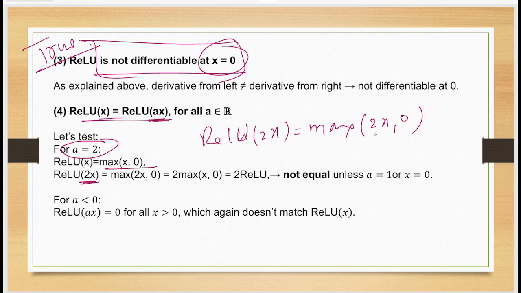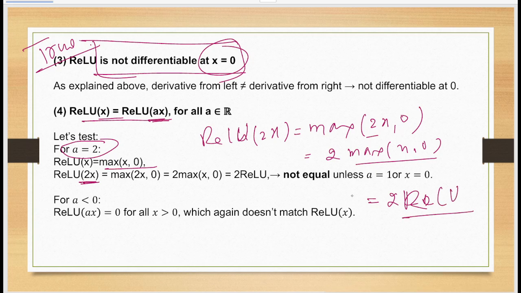We can take 2 out, so it is 2 times max of x comma 0, which is again the ReLU function, so 2 times ReLU x. As we know, this is not the same as ReLU x. So this is false.